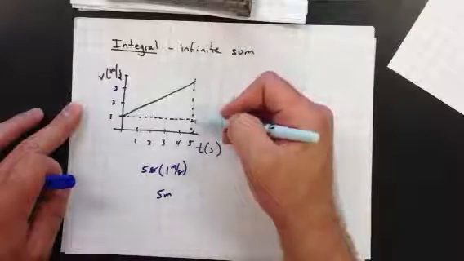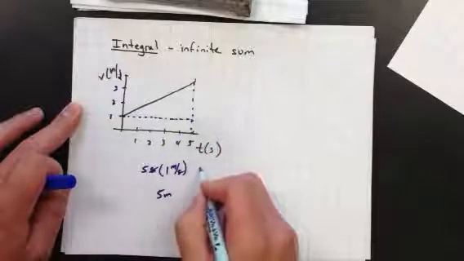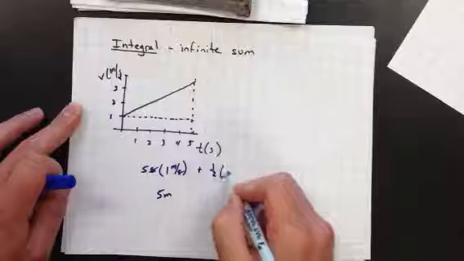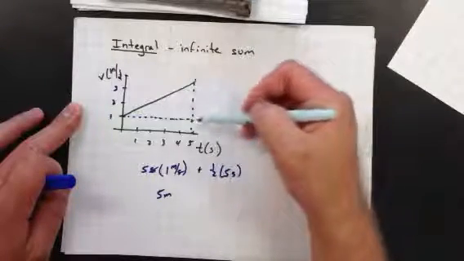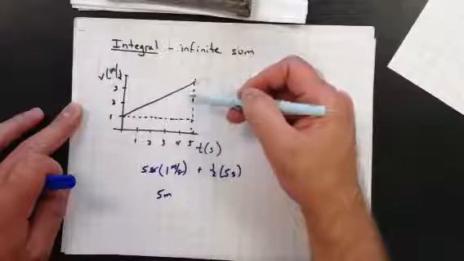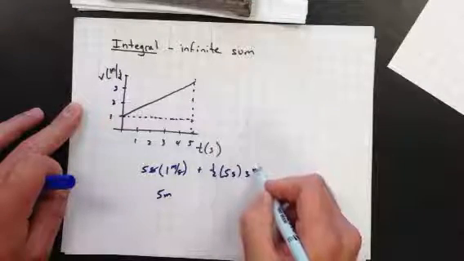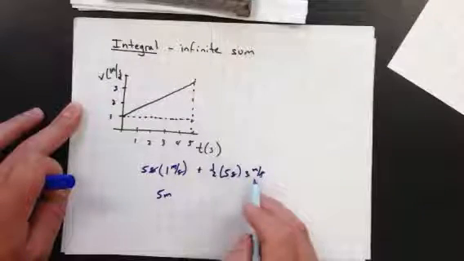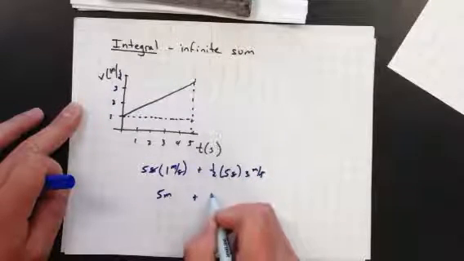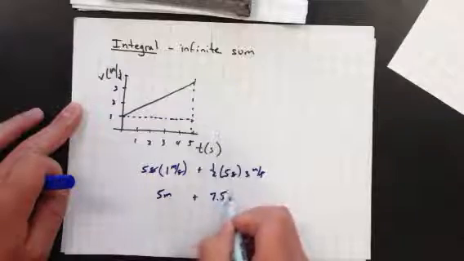And we can do 1/2 the base, which is 1/2 5 seconds, times the height, which is 3 meters per second. Again, the seconds cancel, we end up with meters. We have 7.5, which is half of 15 meters.